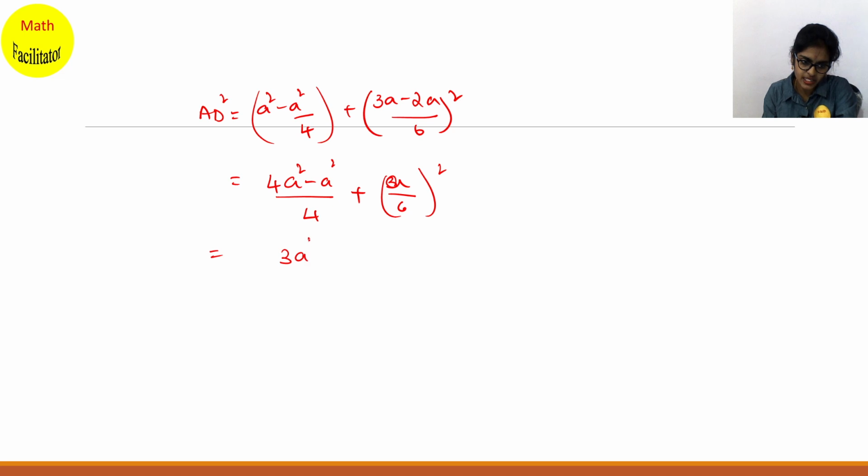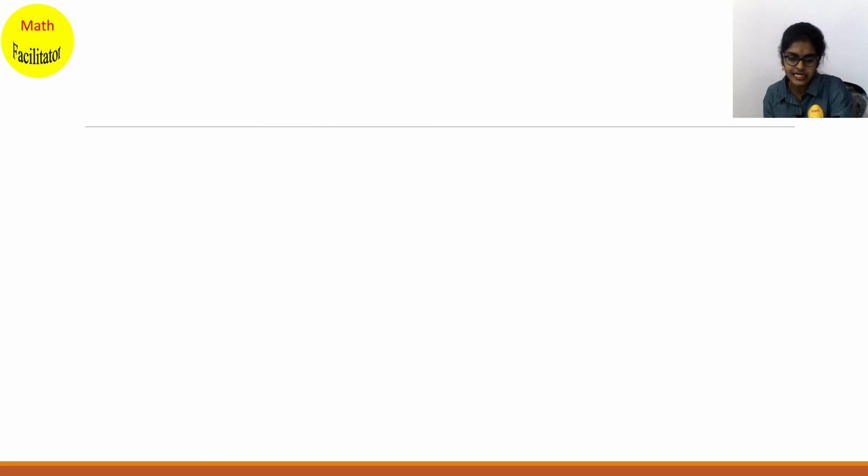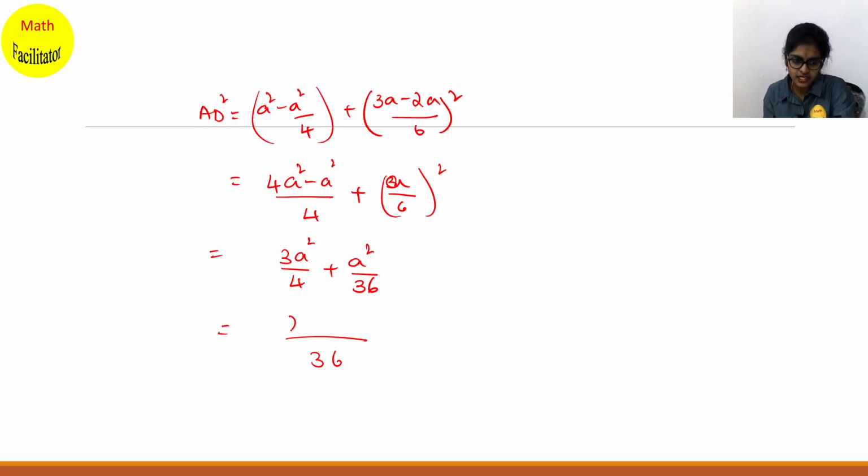So 3A square upon 4 plus A square upon 36. 6 square is 36. So here LCM is 36. So what will you get? 4 9s are 36. So 3 9s are 27 A square plus A square. So it is 28 A square divided by 36.